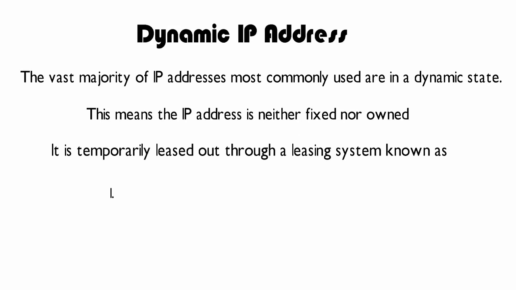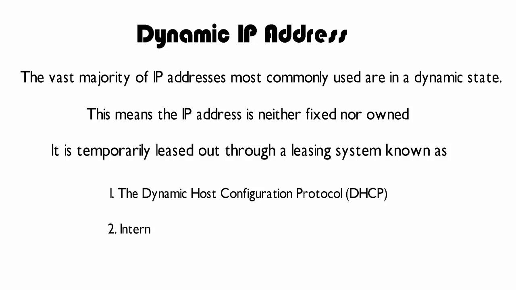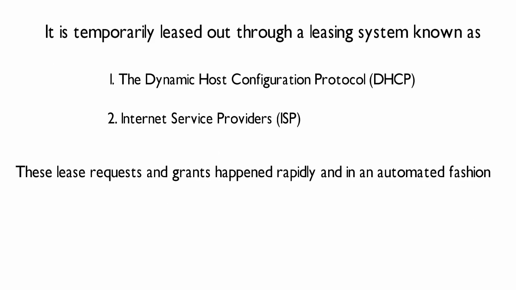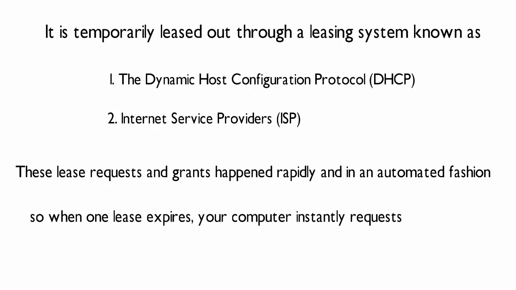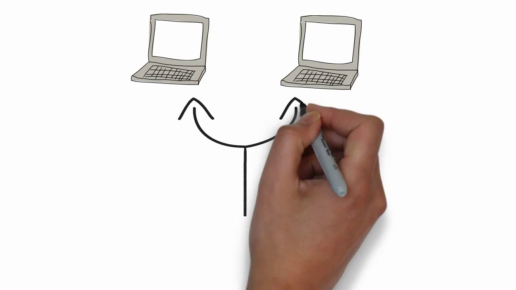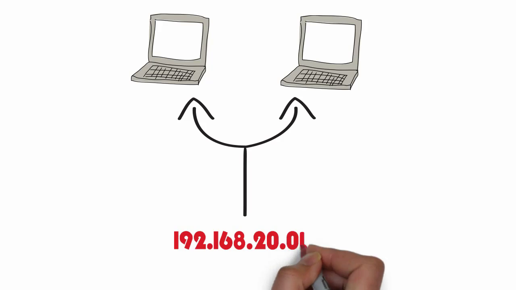It is temporarily leased out through a leasing system known as the Dynamic Host Configuration Protocol (DHCP) and the Internet Service Provider (ISP). These lease requests and grants happen rapidly and in an automated fashion. So when one lease expires, your computer instantly requests a new one. Although a rare occurrence, if two computers are assigned the same IP address, one connects to a different IP address immediately.